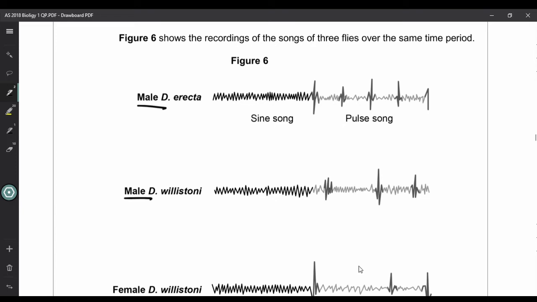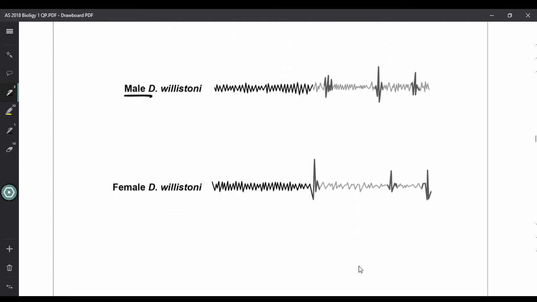It'd be very difficult to look at that and determine which is which. So we've got a similarity, but in the pulse song there's a definite difference. So here we've got the pulses that are quite uniform and quite close together, but here the pulses are definitely further apart.